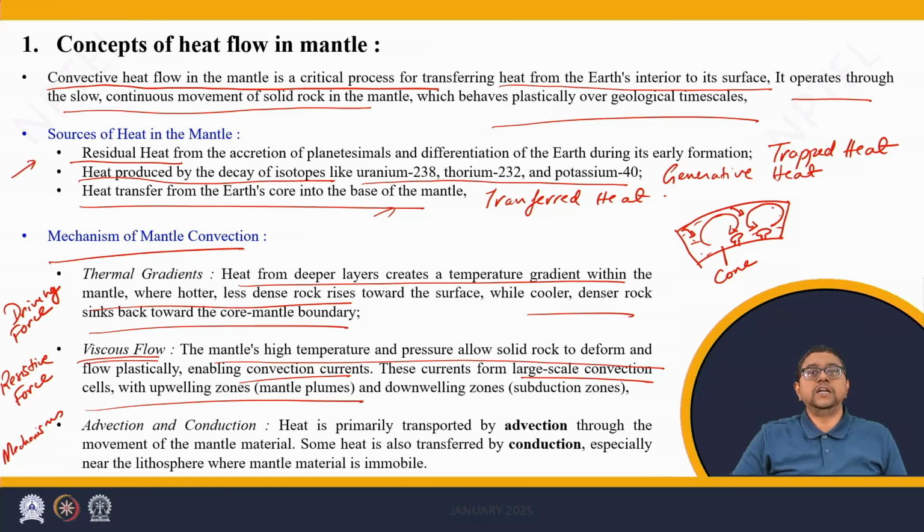The mantle convection is dominated by advection and conduction. Heat is primarily transported through advection, which is the transport of high temperature materials and low temperature materials, which carry the thermal energy with them.